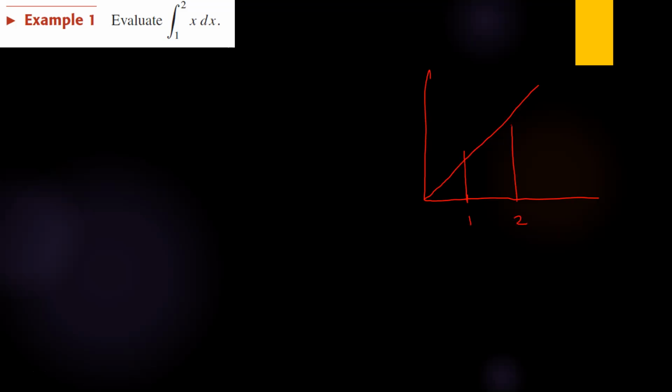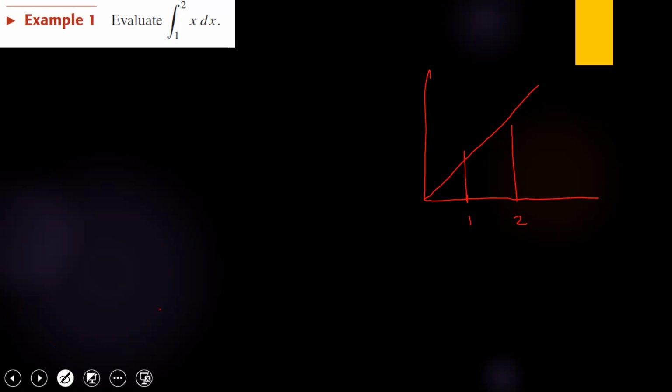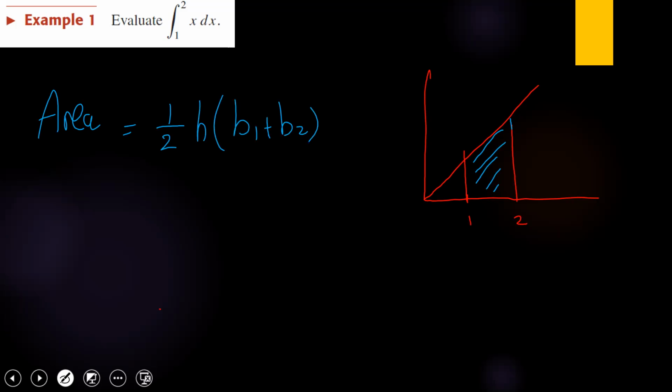If you want to solve it without using the techniques of integration, just by finding the area of the shaded shape, here we have a trapezoid, and the area of a trapezoid is half the height times base 1 plus base 2.